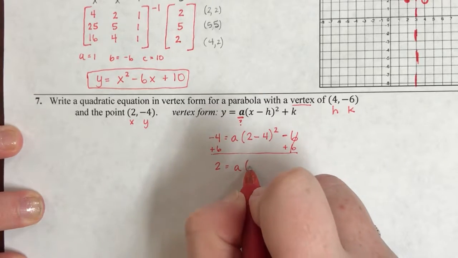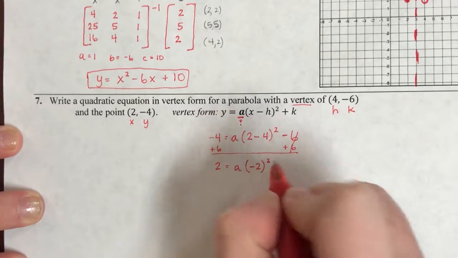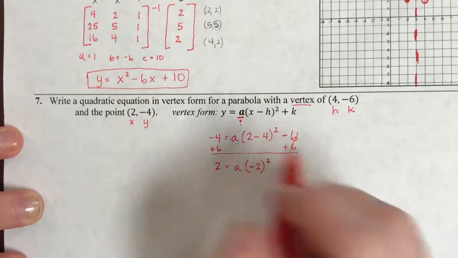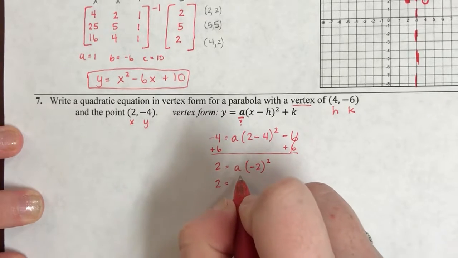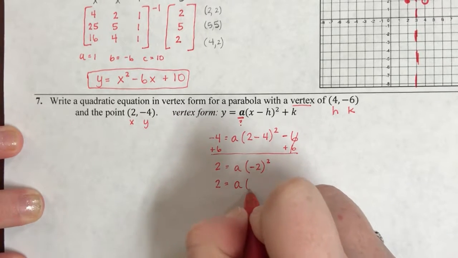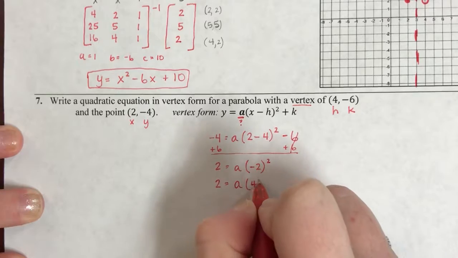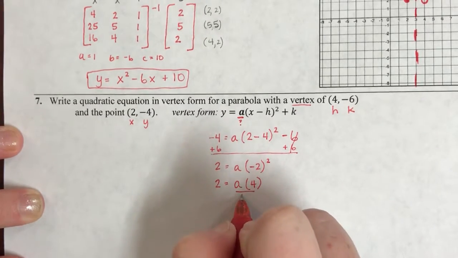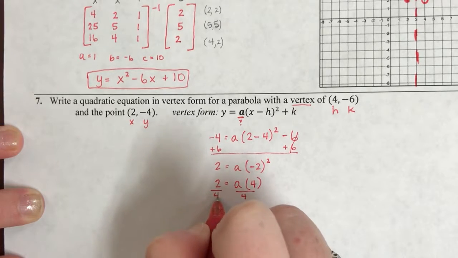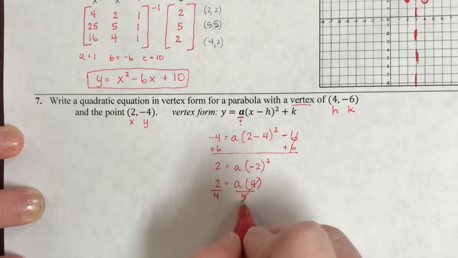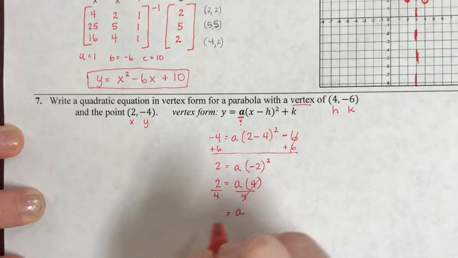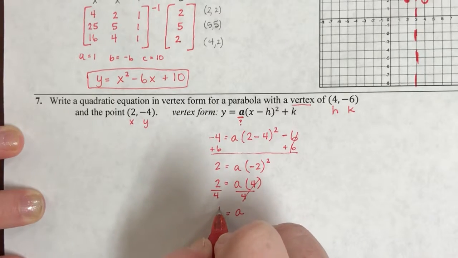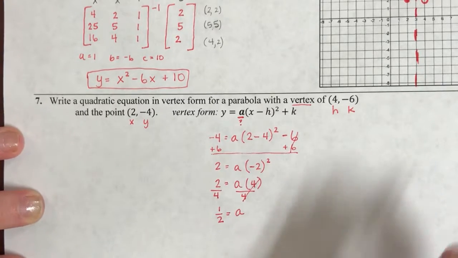So 2 minus 4 is negative 2. So I have 2 equals a times negative 2 squared, which is 4. And then I can divide by the 4. Two fourths reduces to 1/2.